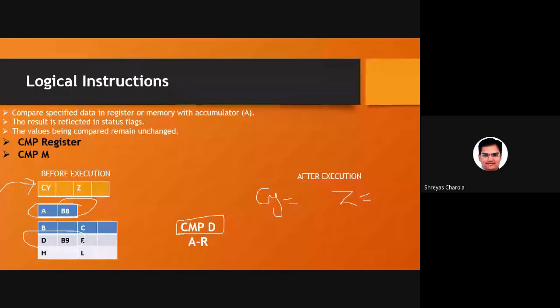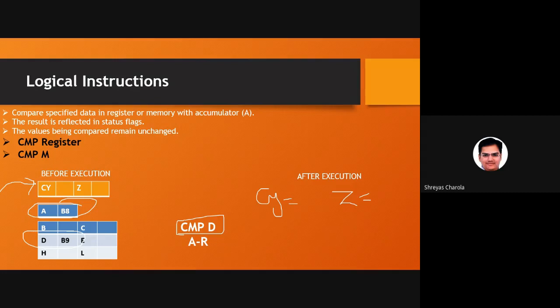What should be the value of the carry flag and the zero flag after executing this instruction?